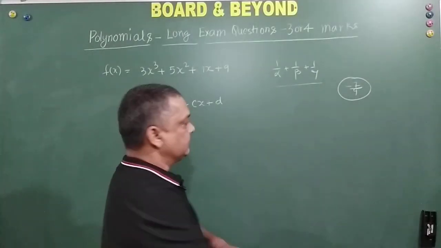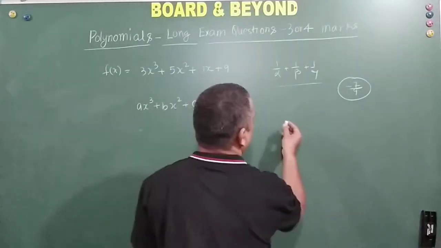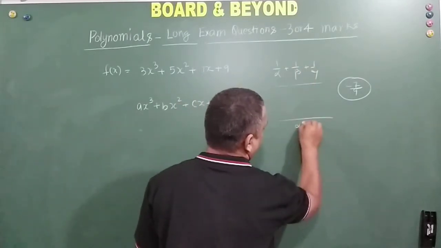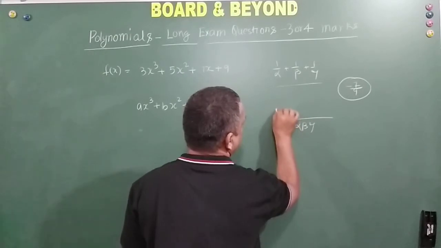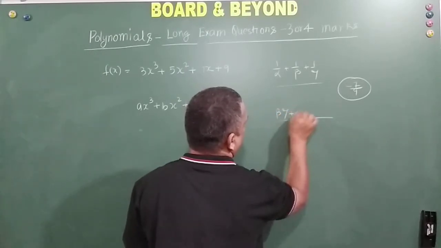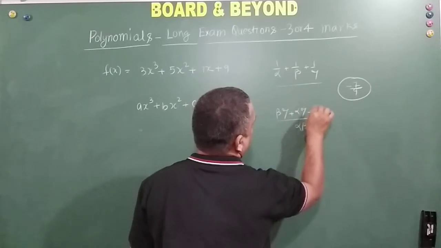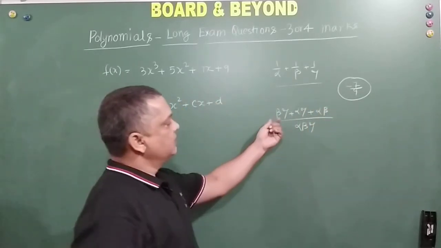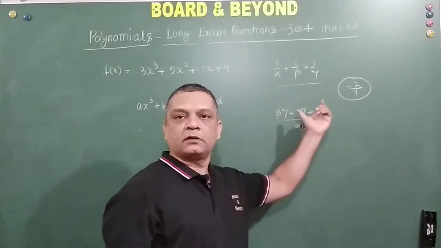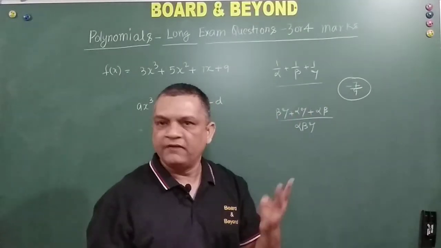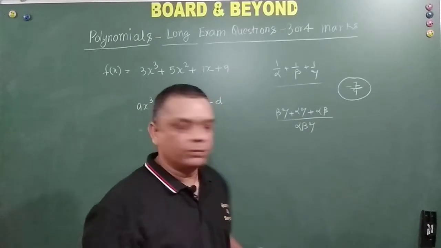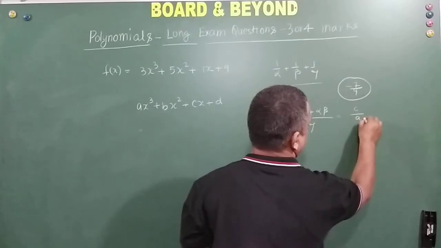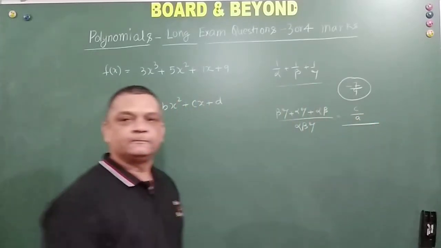Now we all know, let's take an LCM here, alpha, beta and gamma. This leaves me with beta gamma plus alpha gamma plus alpha beta. This is the sum of the product of the roots taken 2 at a time, which is equal to C by A. Do you all remember that?